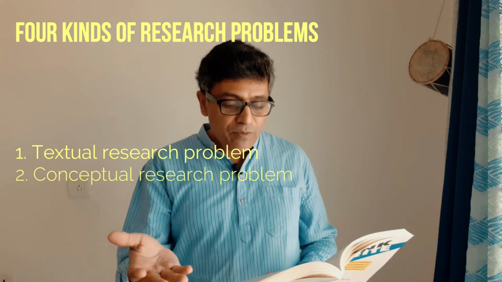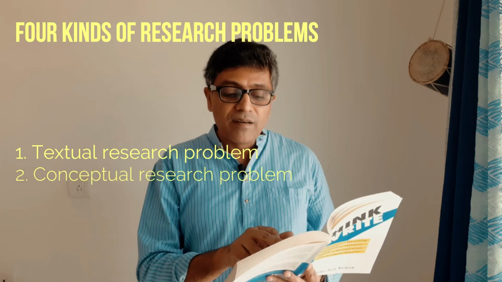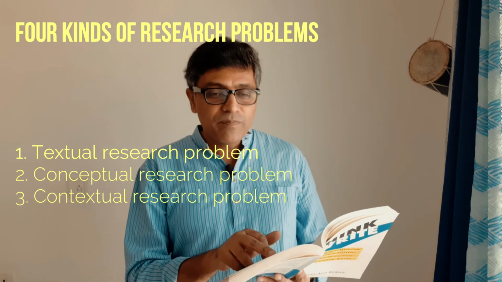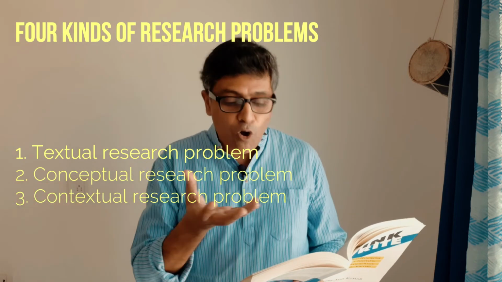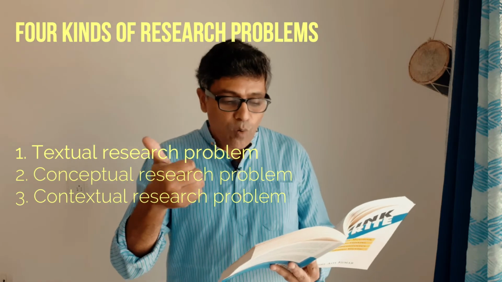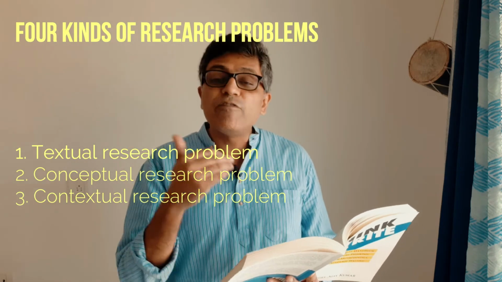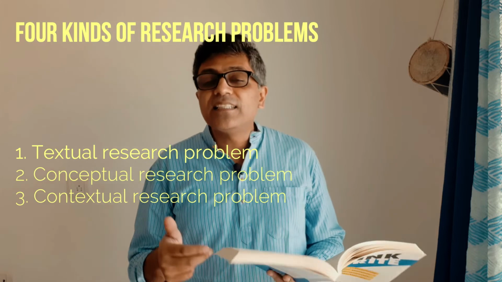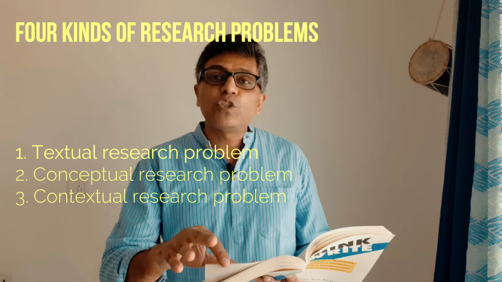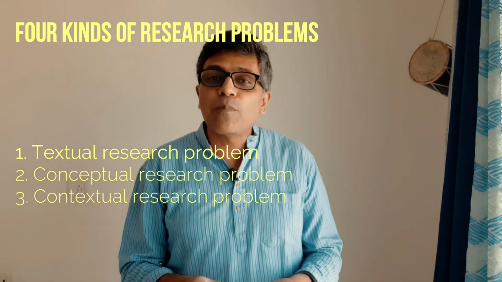And then the third type of research problem is the contextual research problem, the problems facing the context, and one subtype of that is the confusion in academia, the other is research gaps, and one is topical gaps where certain topics are not addressed.